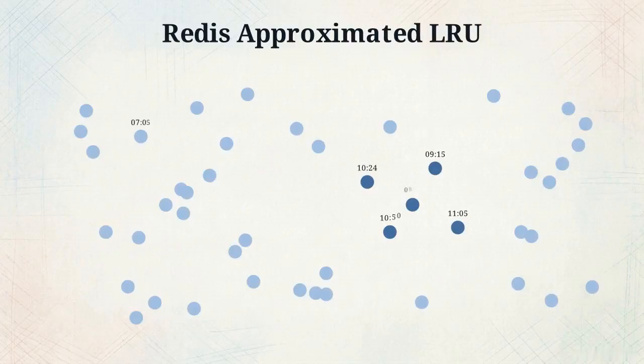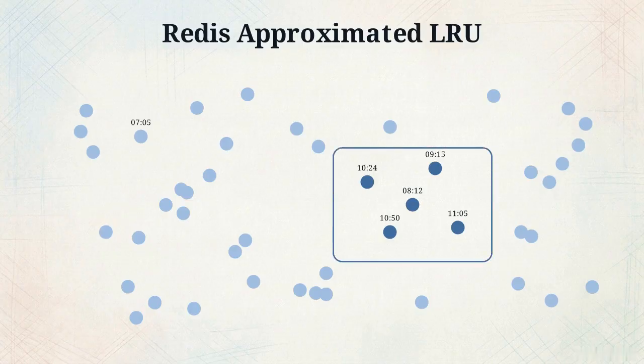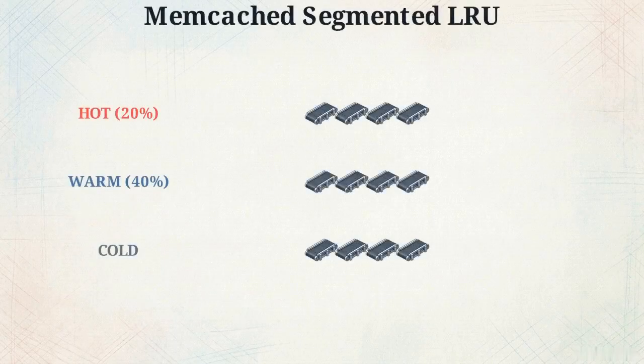Instead of a heavy linked list, Redis embeds a 24-bit clock timestamp directly into each object. When memory is full, it samples just 5 random keys, checks their timestamps, and evicts the oldest of that specific sample. This approach saves significant memory, but you accept a margin of error. It may occasionally delete a slightly newer key because the absolute oldest item wasn't in the random sample.